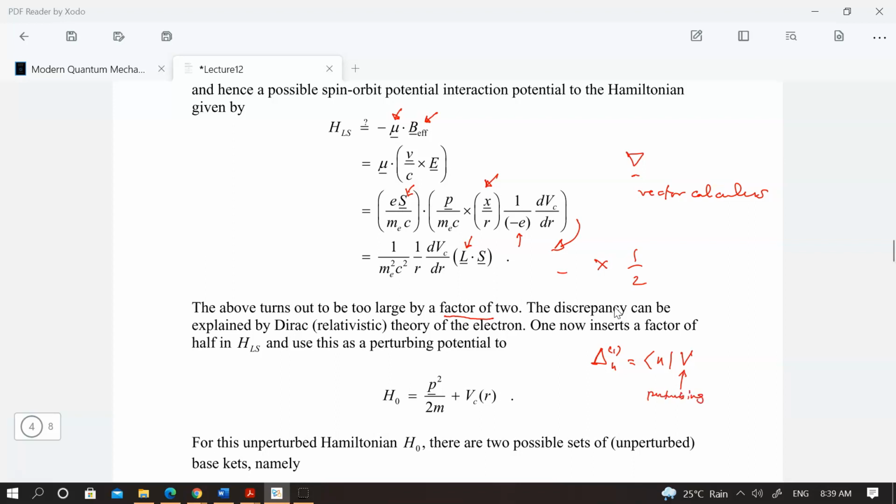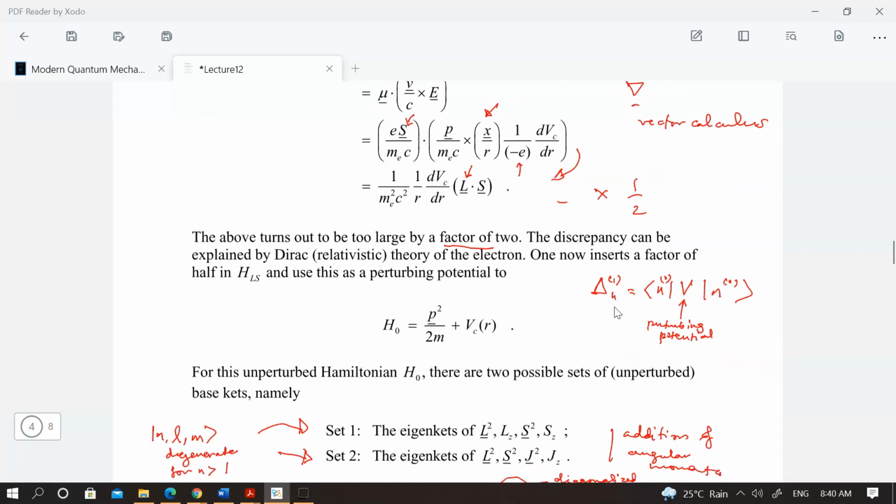I have to rely on the previous result of perturbation theory. So it will be just the expectation of your perturbing potential with respect to the unperturbed states.